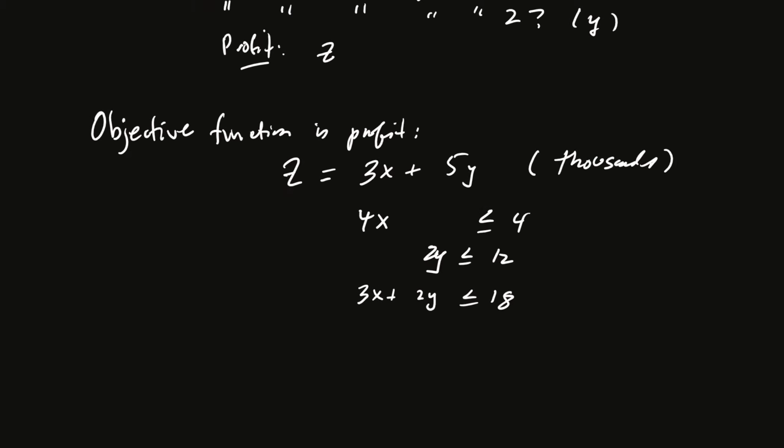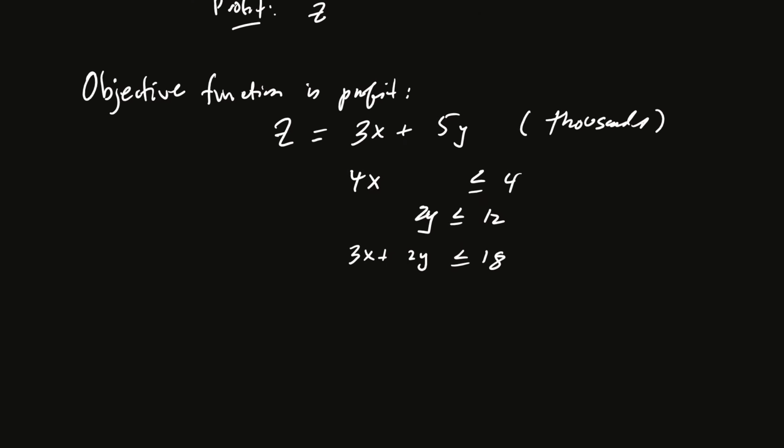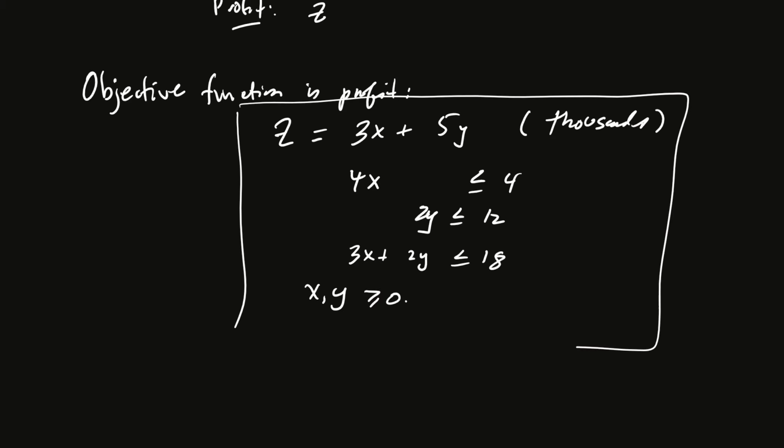Furthermore, we have another constraint that we didn't specify, and that is that x and y should be greater than or equal to 0. Good. And so this is now our problem. We want to maximize Z given these constraints. Okay, and that's going to be typical.